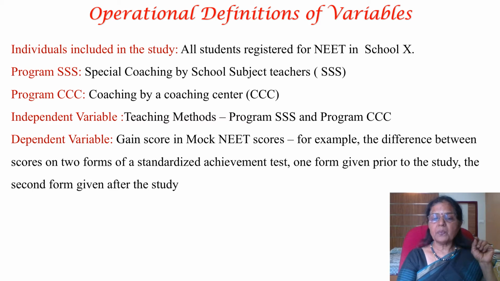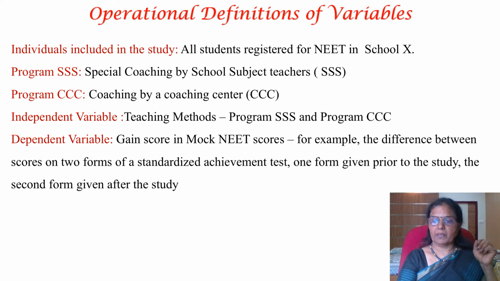Now, what is the independent variable here? The independent variable is the two teaching methods, program SSS and program CCC. Remember what we learned about variables in the previous video I had published. We defined all types of variables. And what is an independent variable? The independent variable is the factor which affects, which influences, which causes change or modifies the dependent variable.